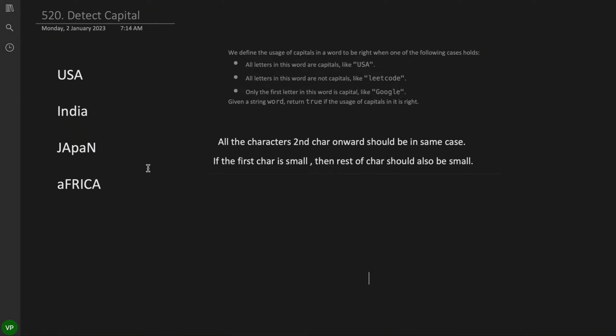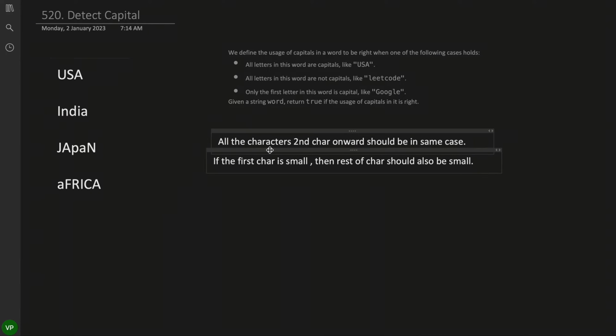But if the word length is two characters or more, we can check the case of the first character and the case of the second character. While checking from the second character onward, we need to ensure that all the characters are the same case.